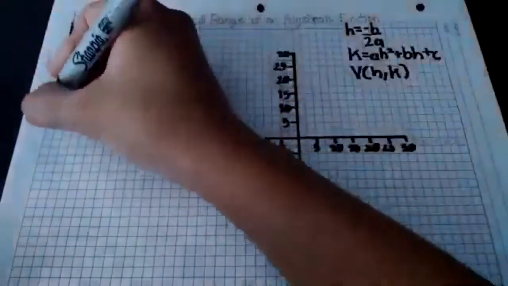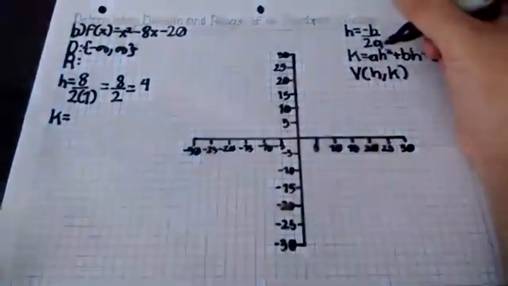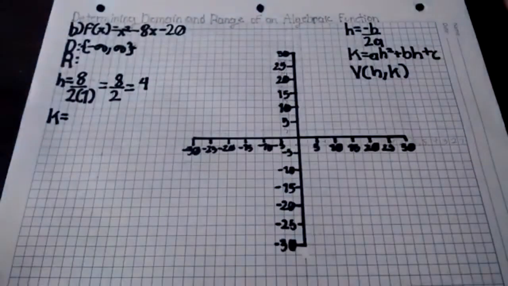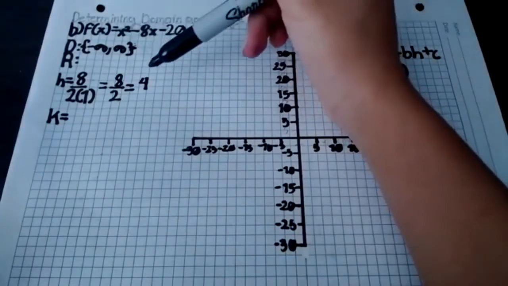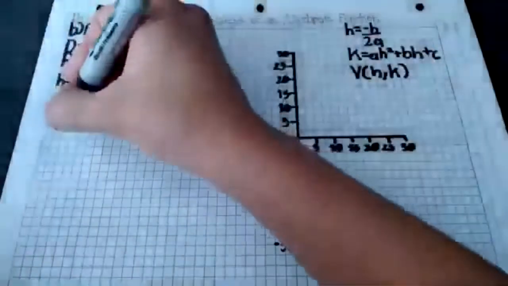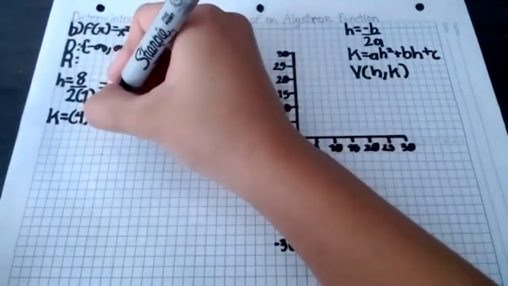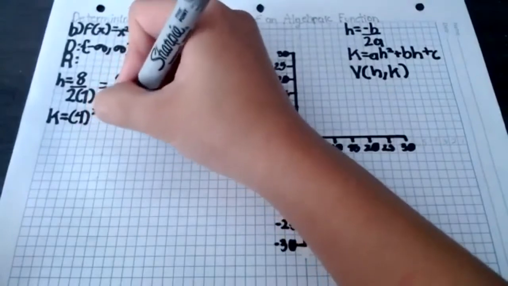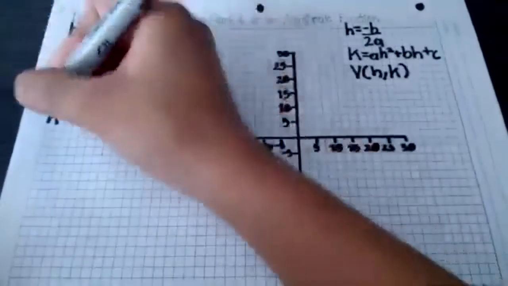Now we need to take out the k, and we basically write out the main function, but instead of the x, we write down a 4. So it is 4 squared minus 8 times 4 minus 20.